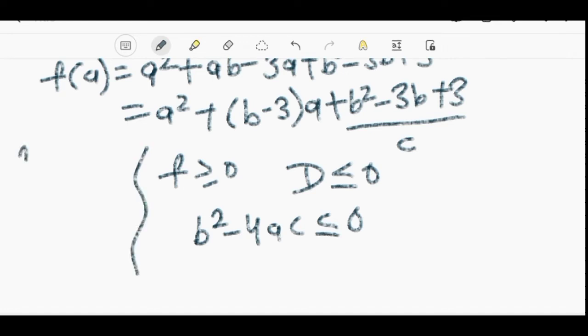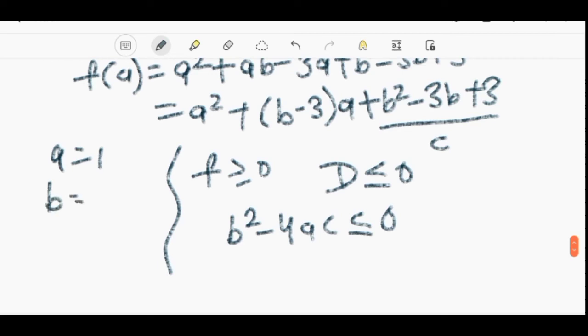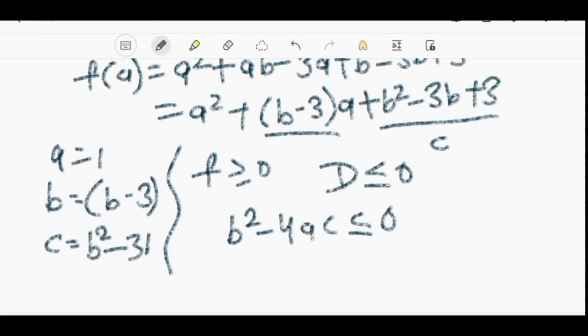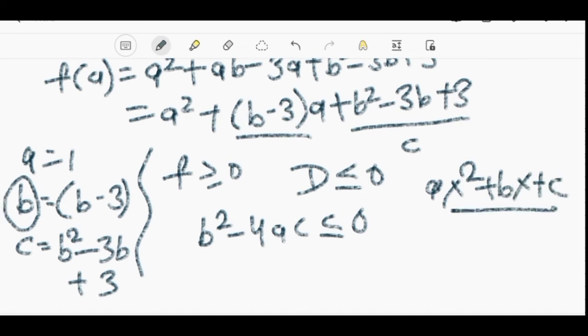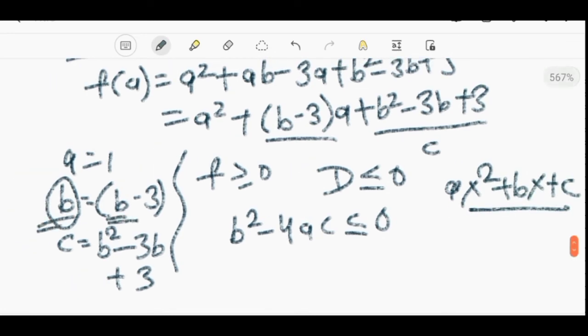The value of a is 1, and the b is this, b minus 3, and the constant c is b squared minus 3b plus 3. Make sure that this b is from the standard form of the quadratic, which is ax squared plus bx plus c. So there is a difference between this b and this.